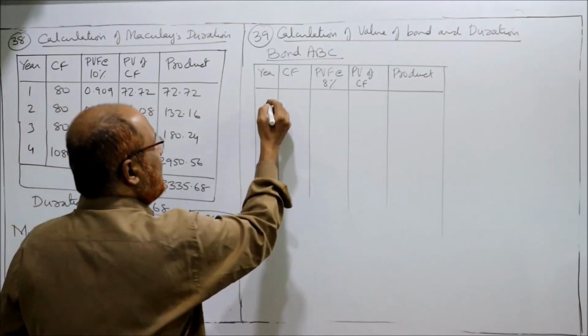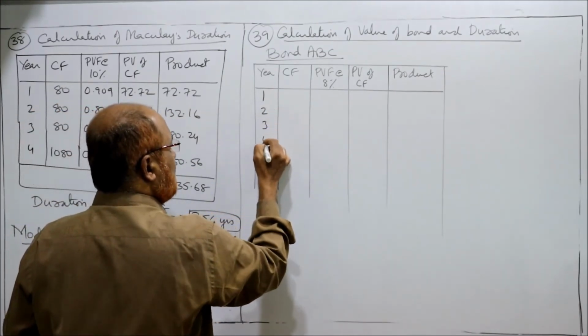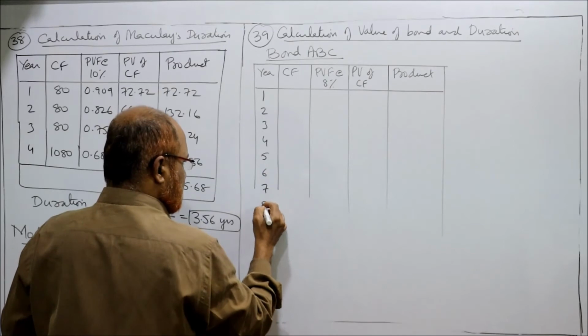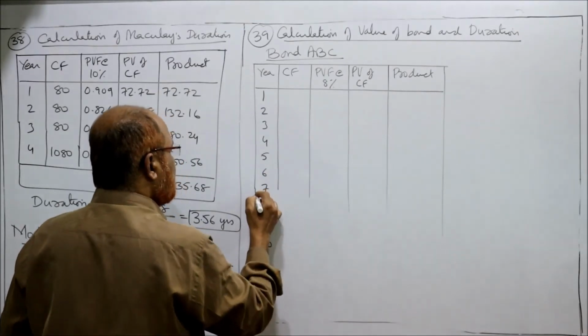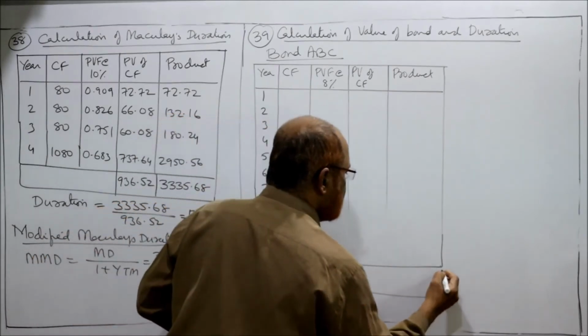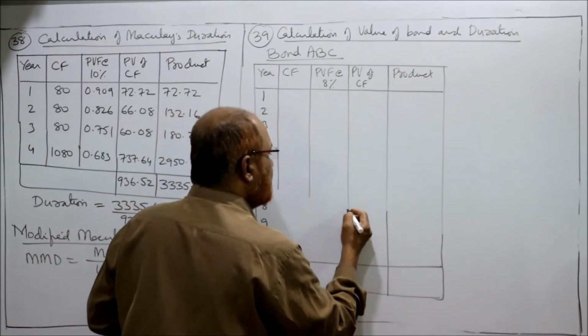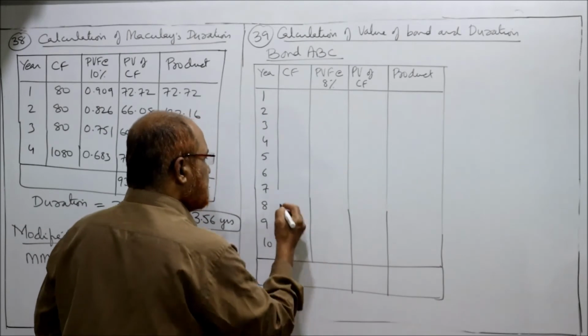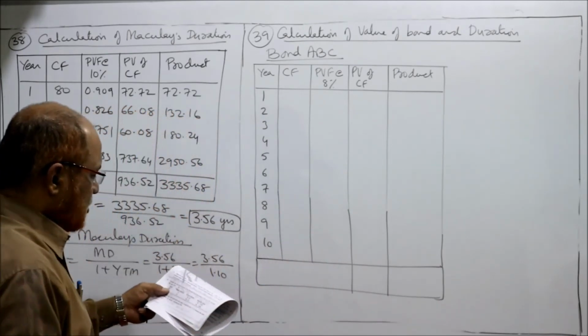Years to maturity is given as 10 years: 1, 2, 3, 4, 5, 6, 7, 8, 9, 10. It's a time consuming process. Until and unless you have good practice of making calculations, you can't solve it.